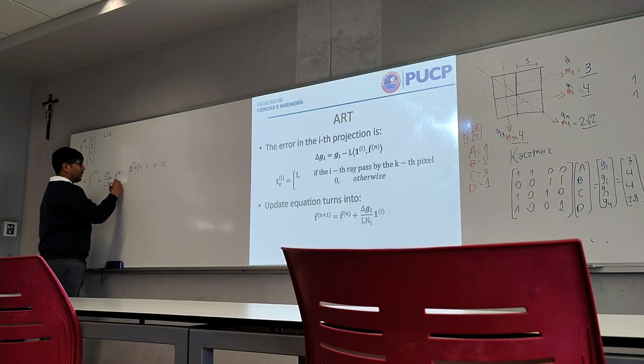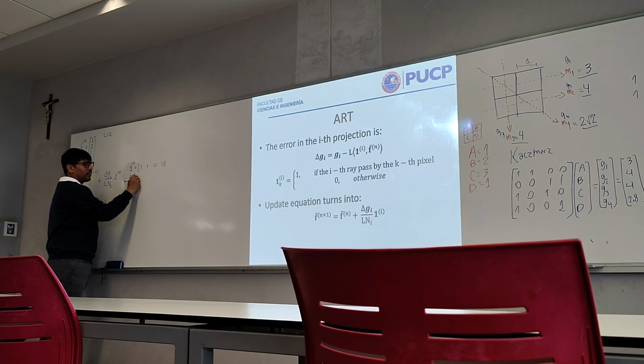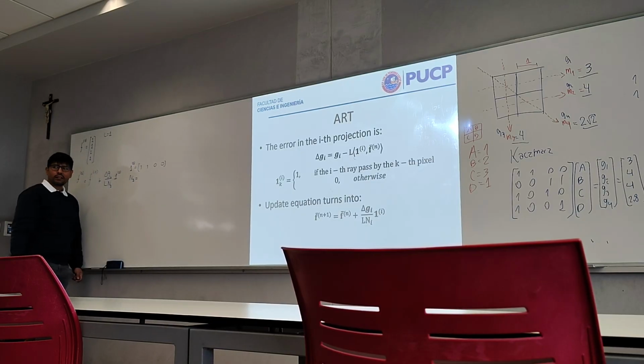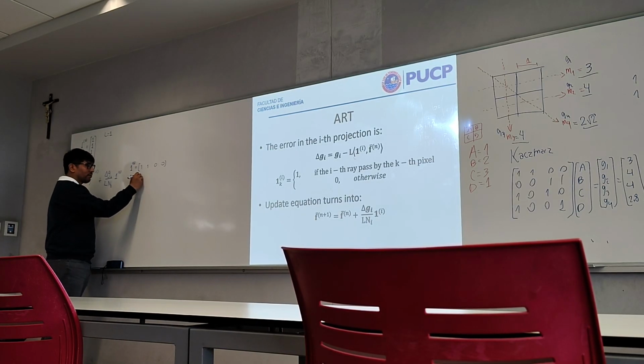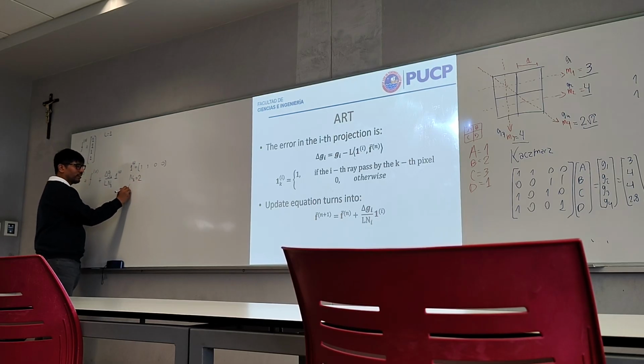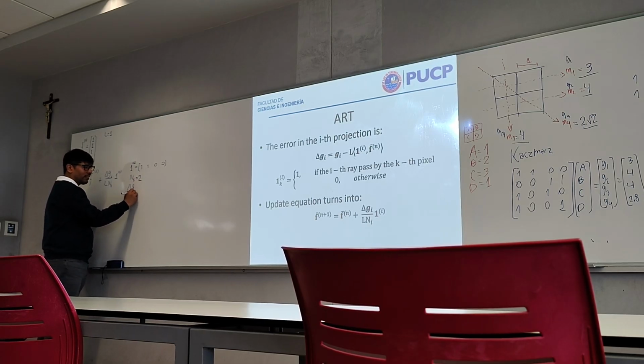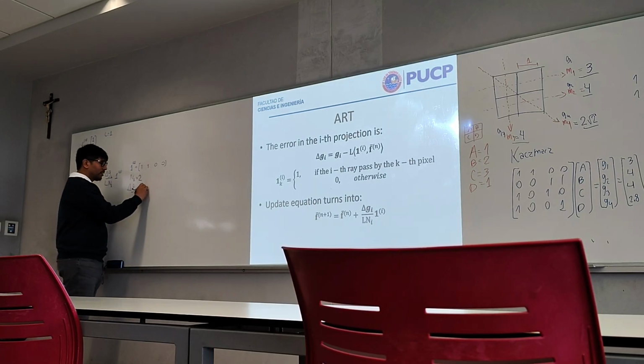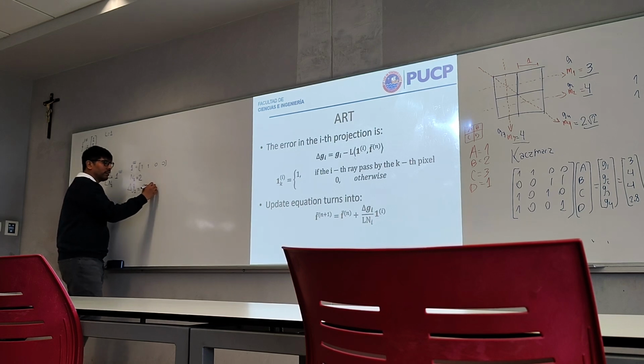What is N_i? N1, in this case, because we are talking about the first ray. So we only need delta G1, and delta G1 should be G1 minus L.